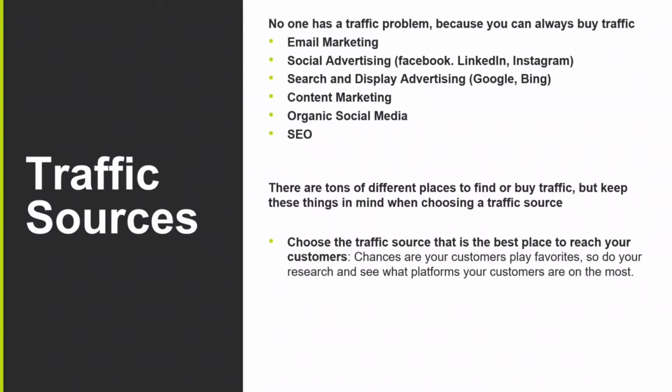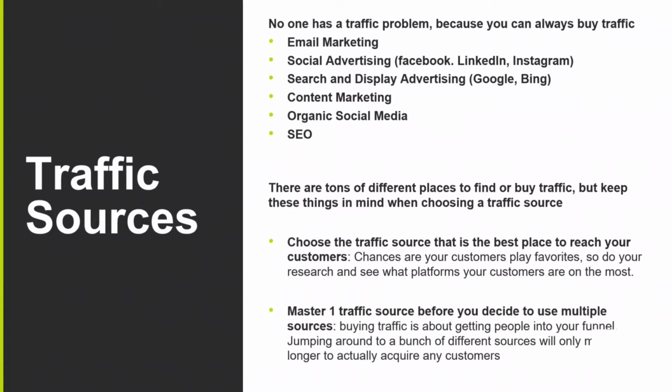So you want to choose a traffic source that is best placed to reach your customer based off of that customer avatar. So the chances are your customers have a certain place they like to hang out, whether it's TikTok, Instagram, Facebook, or just doing organic searches. There's a lot of crossover here, but focus on one traffic source and then move on to the next.